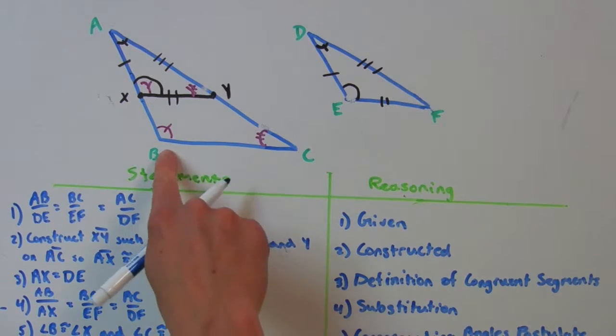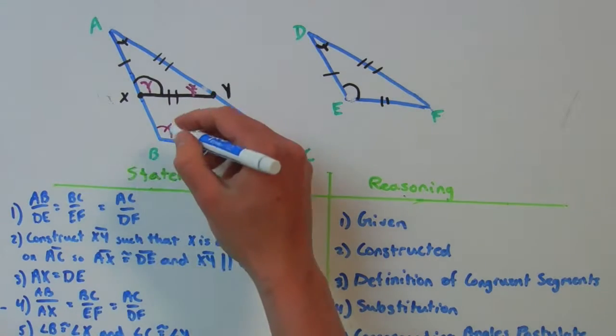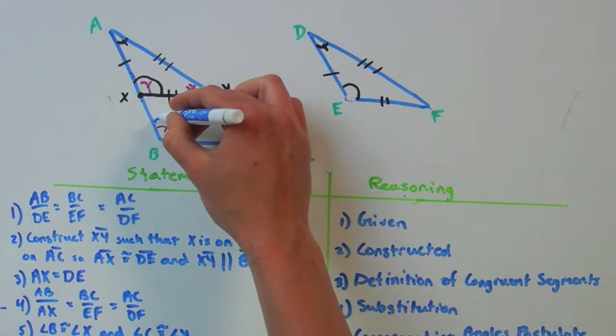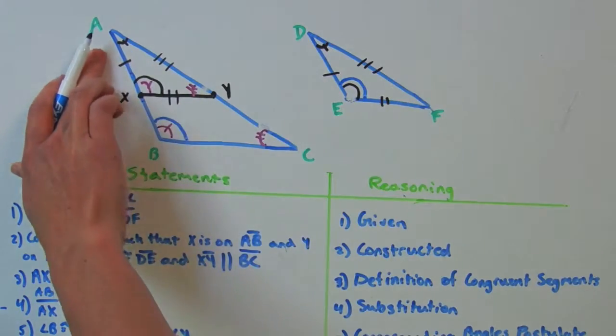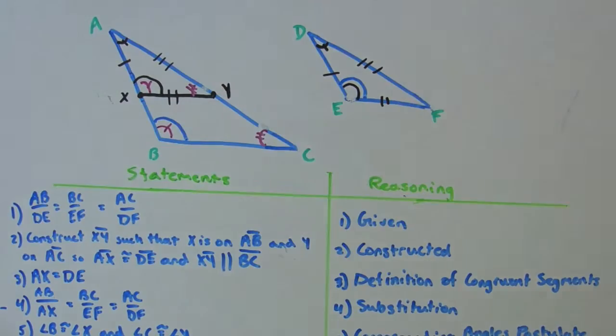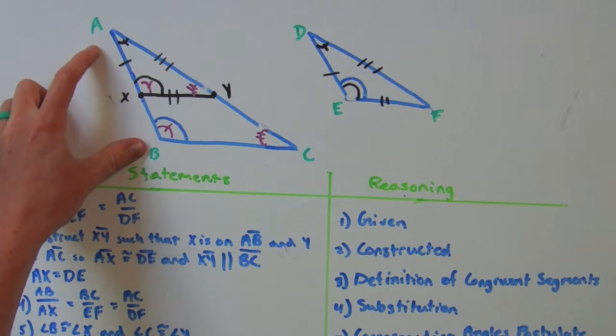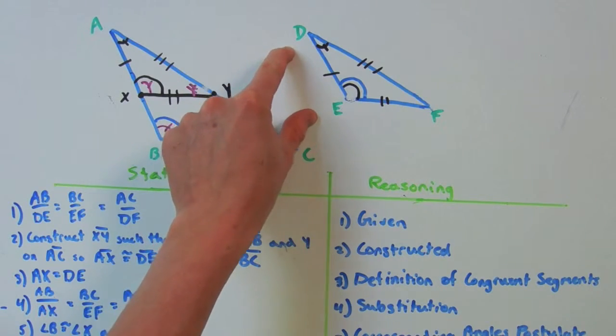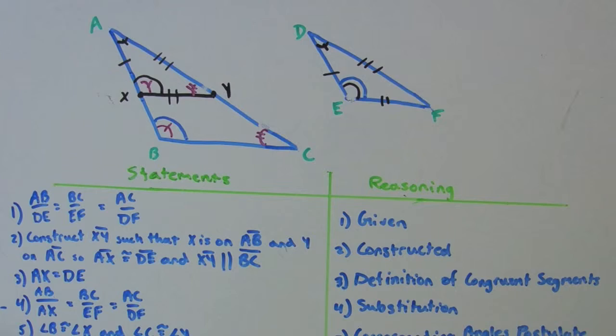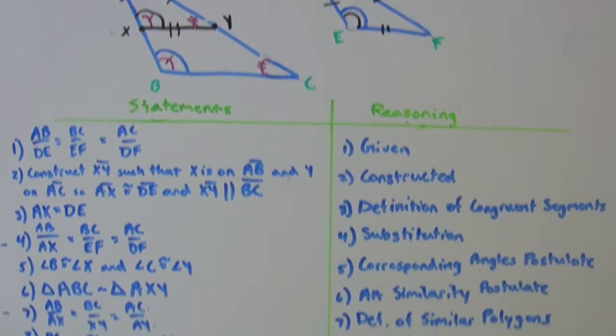We have that angle B is now congruent to angle E, and we already had that angle A and angle D were congruent, so we're going to go back to the postulate we learned in the beginning of this lesson, the angle-angle similarity postulate, which says that if two angles of one triangle are congruent to corresponding angles on a second triangle, then the triangles are similar.